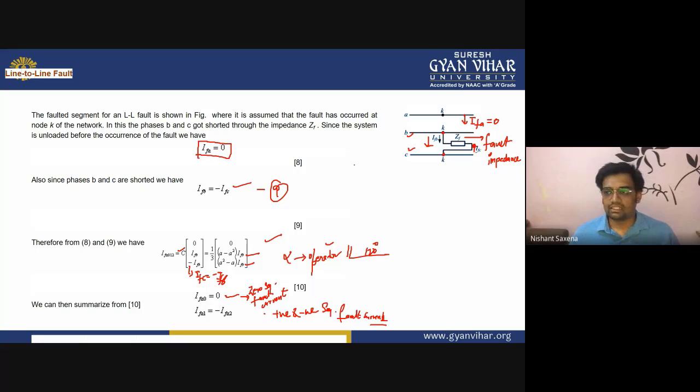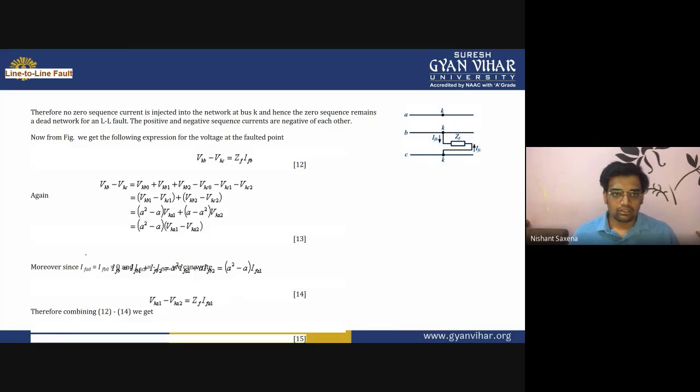So in this you can see that when we have a line-to-line fault, a short circuit has occurred between the two phases of the transmission line of a three-phase system through an impedance of ZF.